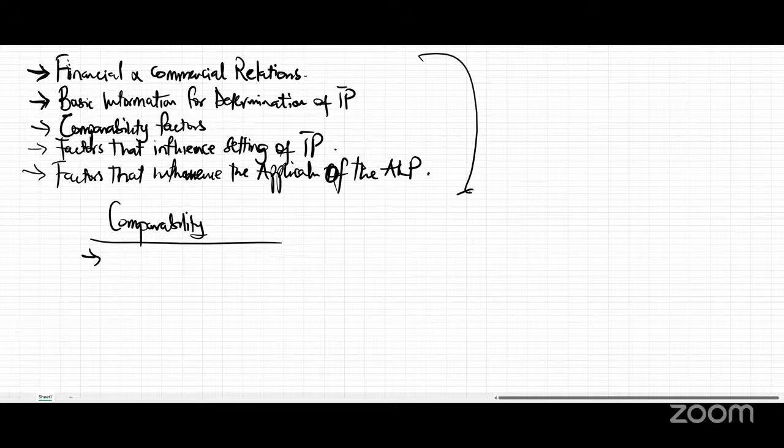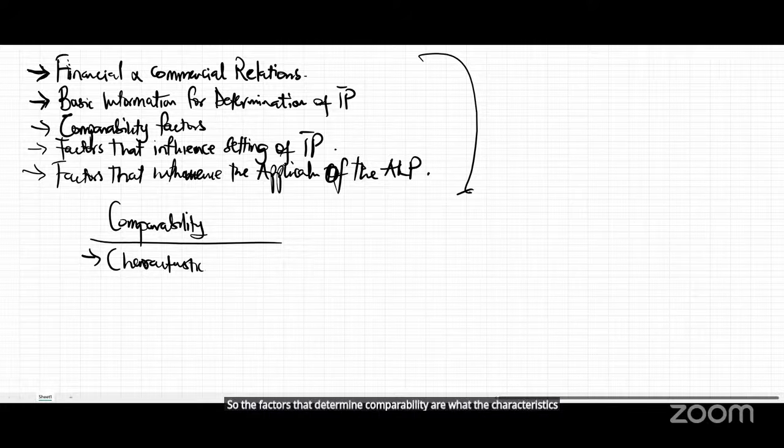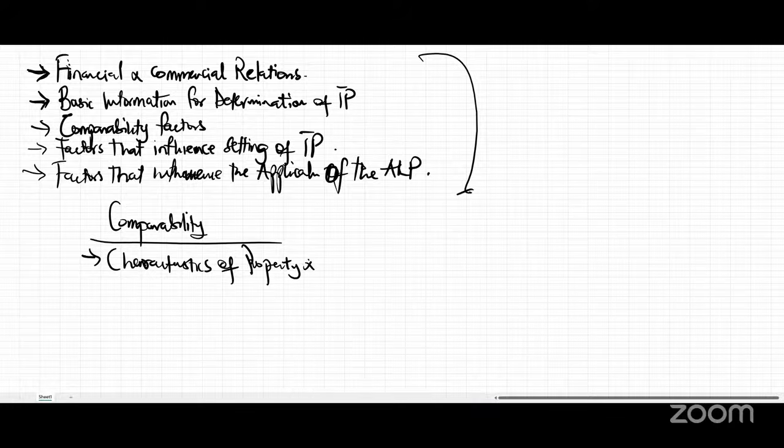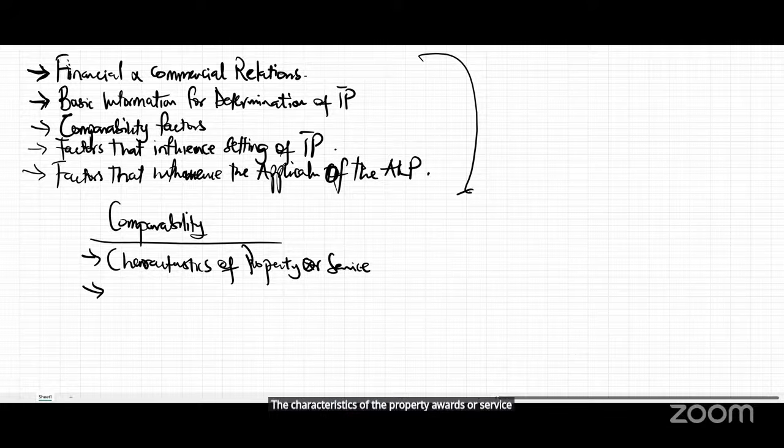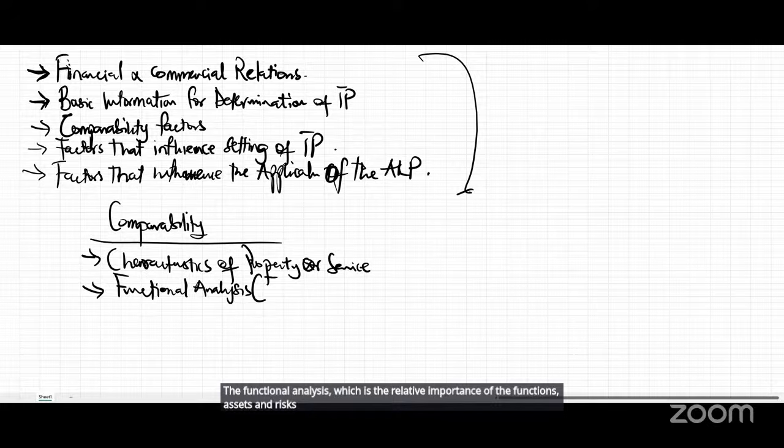Are we okay? So the factors that determine comparability are what? The characteristics of the property or service. Then we have the functional analysis, which is the relative importance of the functions, assets, and risks involved, which is the FAR analysis.